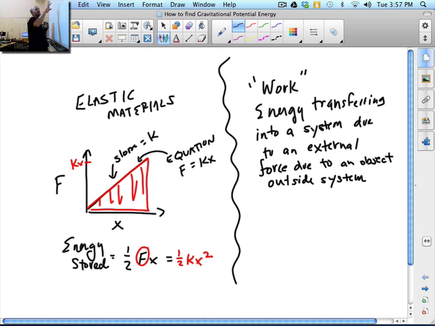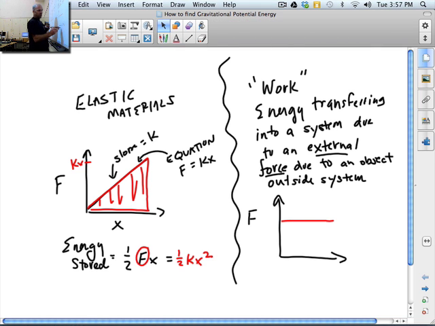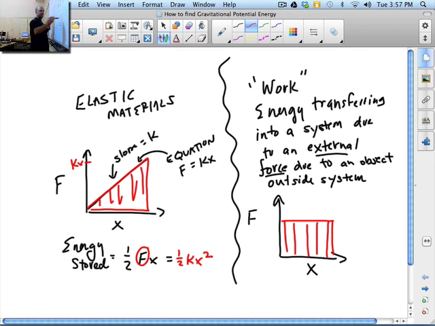So we simplify this situation and we say that the force exerted is constant. So the external force we're talking about here isn't changing. So the graph looks like this, and the object is moving x distance, and after the object moves a certain distance, we would have a rectangle here.